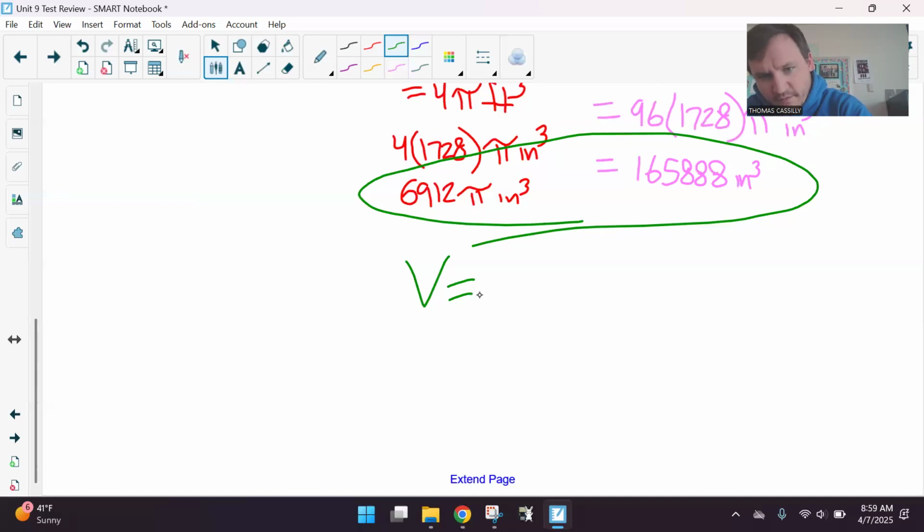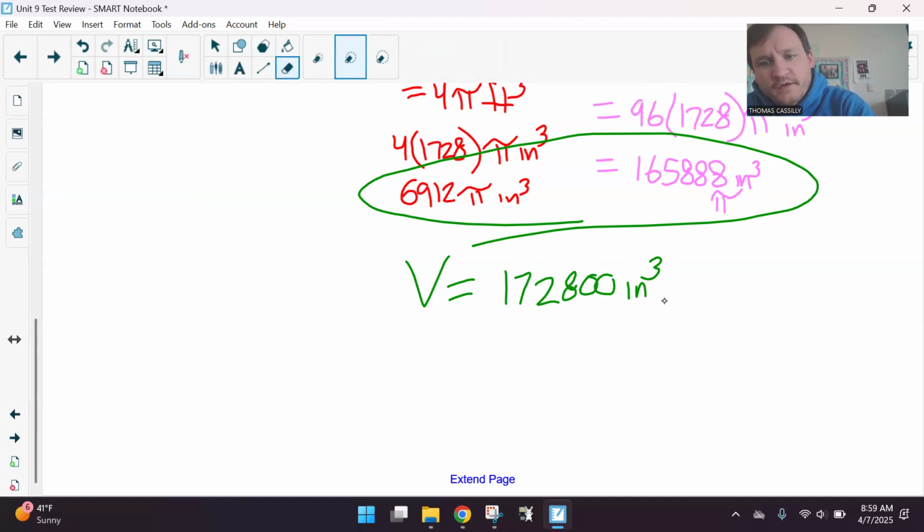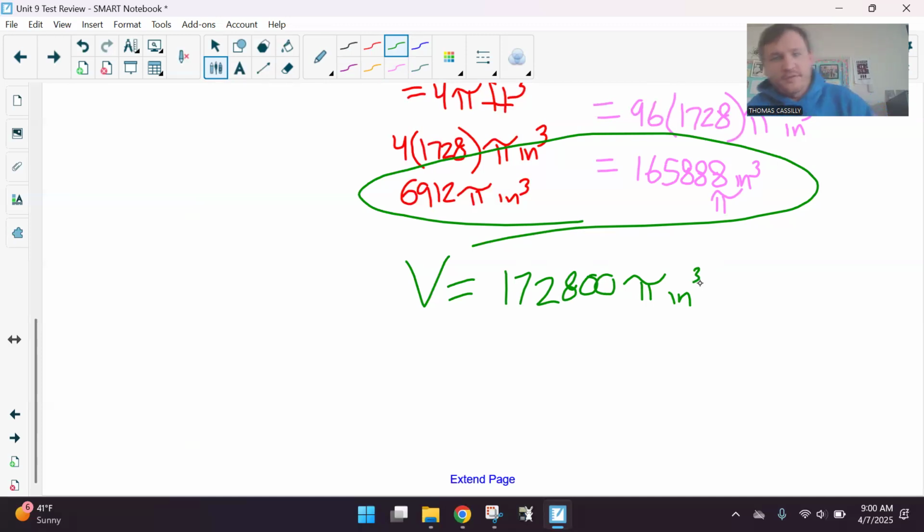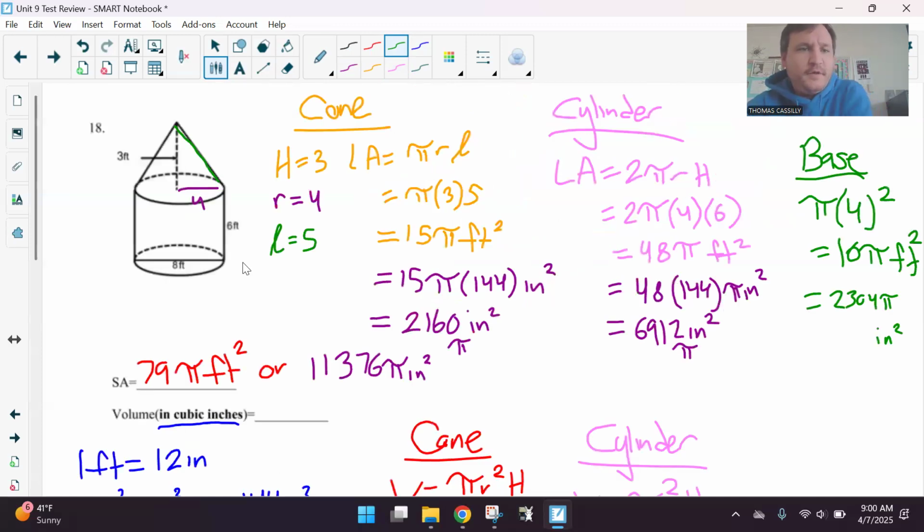So the volume here is 172,800 cubic inches. Oh, what did I forget? I left off the pi on this guy and on this guy. That's twice in one problem where I've made that mistake. That's not good. Luckily, no one watches these, so no one will know my mistake. All right, so there you go.